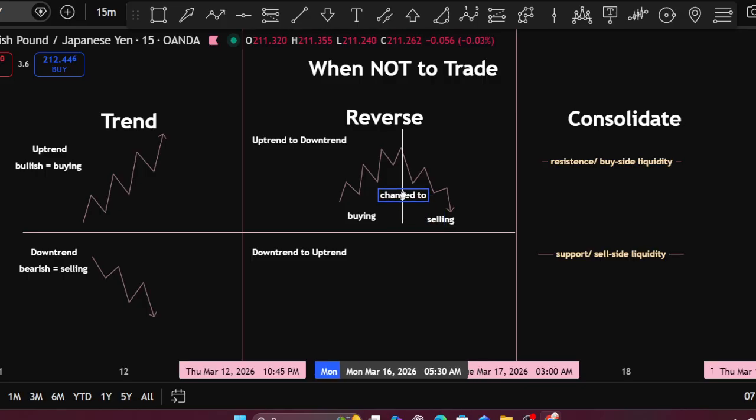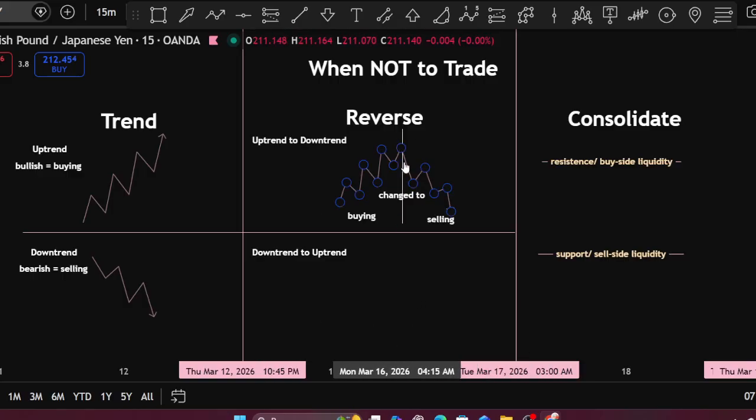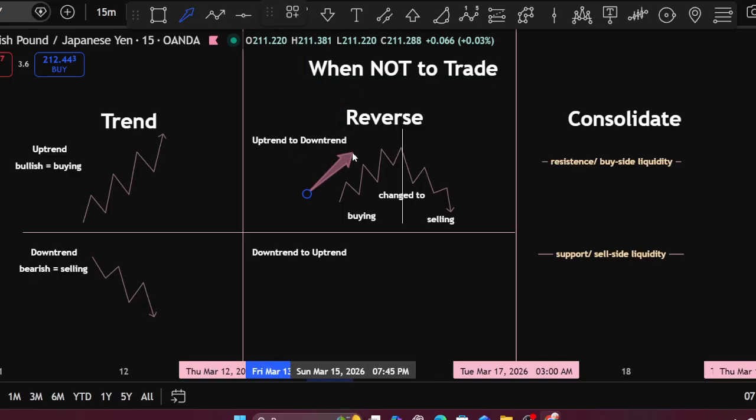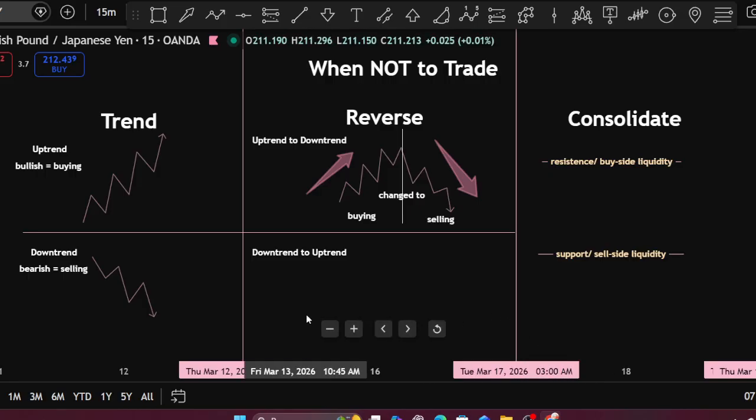I'm going to put it a little bit higher. Yes, that is a great visual, so you can literally see. And it doesn't have to be perfect either, as long as you can see that at first it was buying. First it was buying, and now it's selling. I hope that visual is amazing for you.